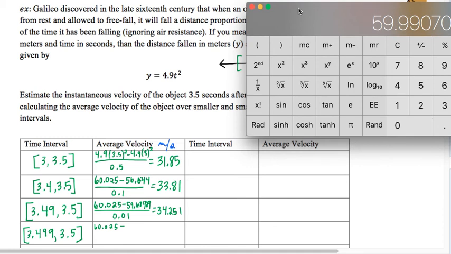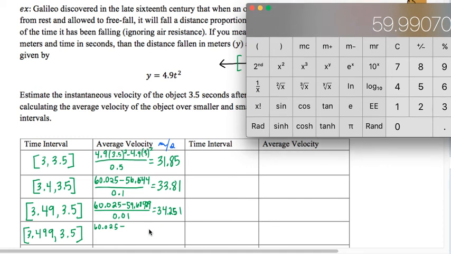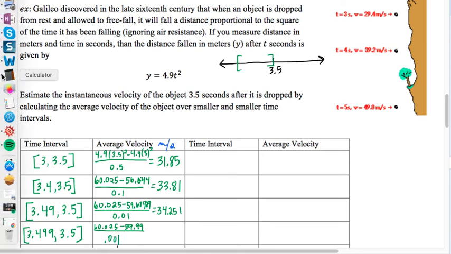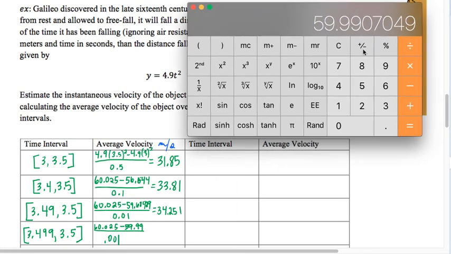I'm not actually going to round for my approximation though. So 59.99 here. It's going to be over 1,000th of a second. Okay, so let's go back to the calculator. Let's make that number negative, and then we'll add 60.025. We're going to divide that by 0.001 to get 34.2951.